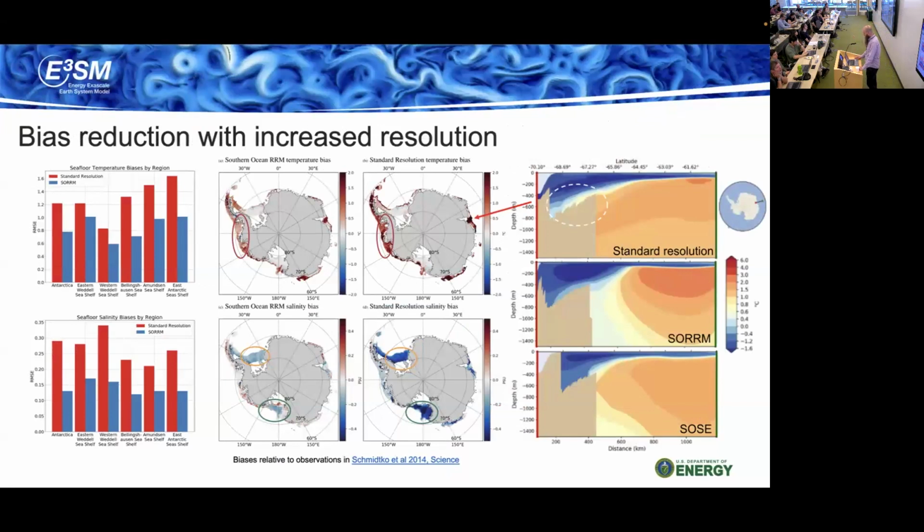We saw a big bias reduction in the key properties in the Southern Ocean that are of interest to us and that are really driving the melt rates that are a big focus of interest for us. So it's really the seafloor temperature mostly, but also salinity around the Antarctic continental shelf that is the biggest driver of Antarctic melt rates.